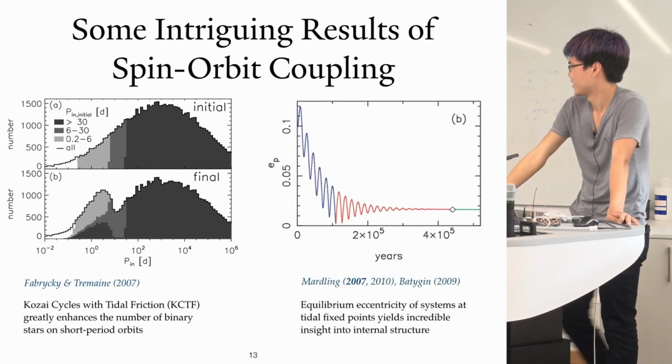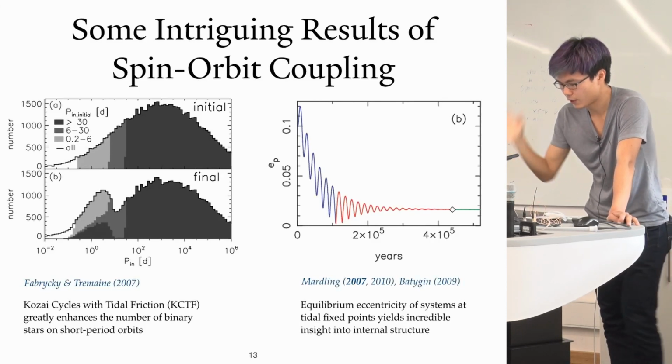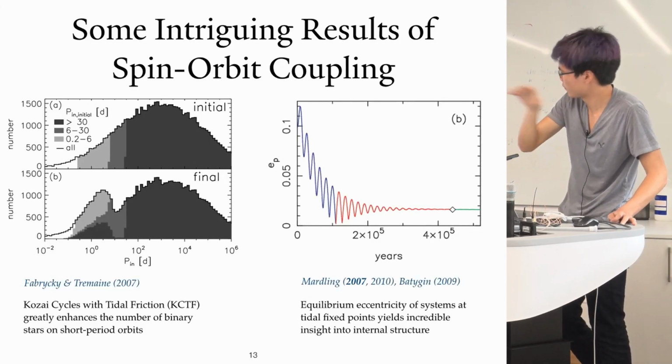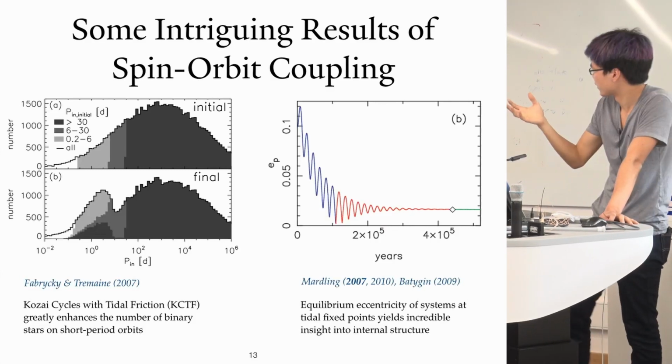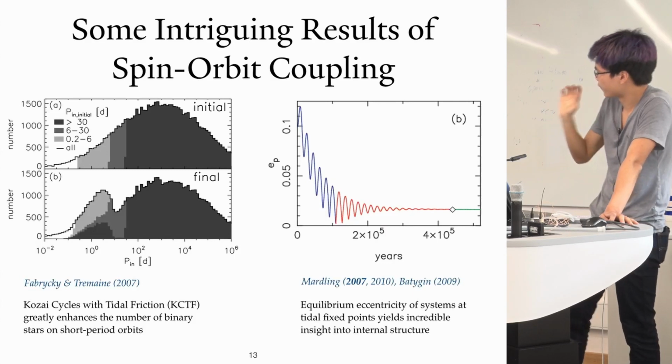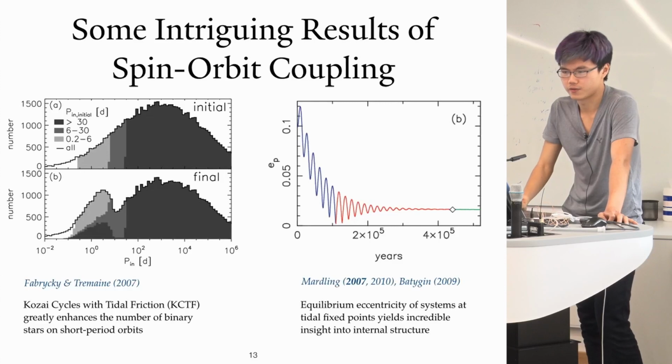Rosemary in 2007 developed a method to investigate systems at eccentricity fixed points and showed that by measuring the equilibrium eccentricity of the inner planets in these cases, you're able to get very powerful insights into the internal structures and tidal parameters of these bodies.